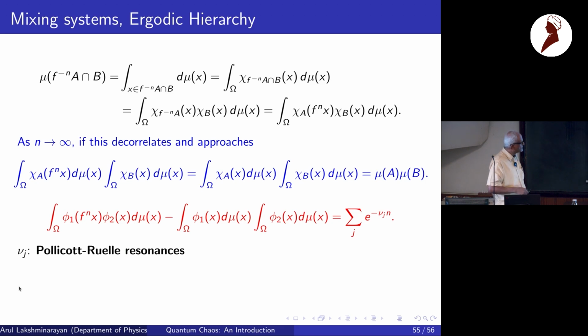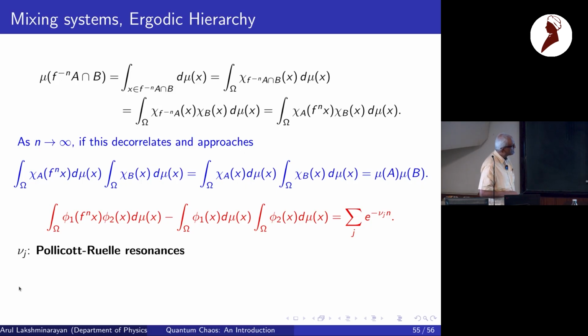If you integrate any function, f^n(x) d mu(x), that is equal to the function d mu(x) only if this is an invariant measure. You can transfer this f^n(x) to the measure, and you can do that.